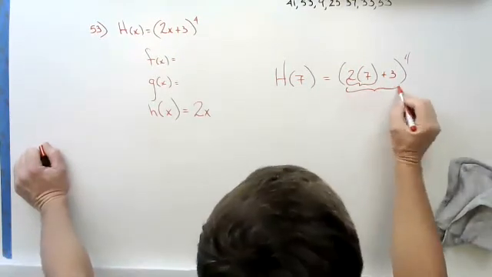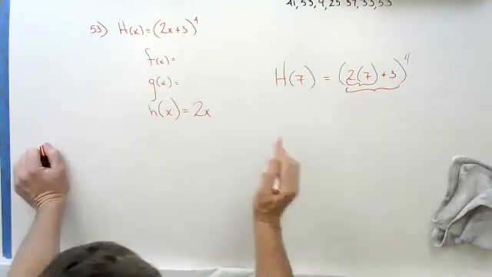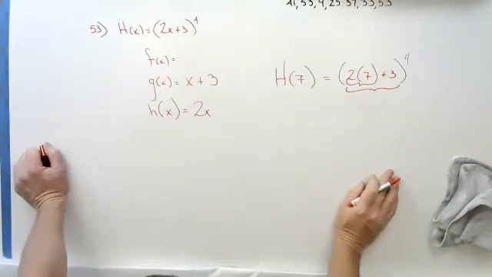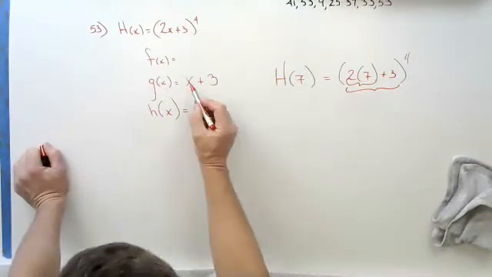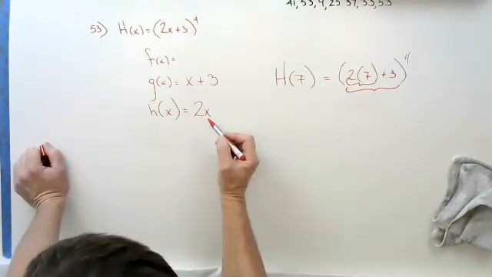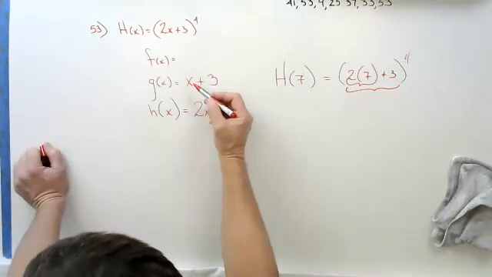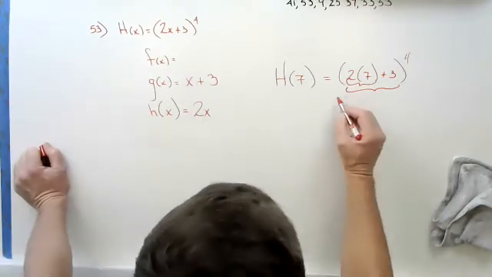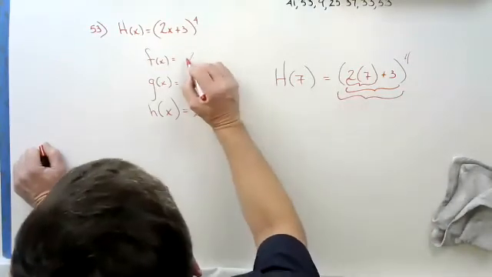The second step is to add 3. Okay, take your answer. Add 3. Don't put a 2x there. We already did the times 2. You did the times 2 down here. Don't put a 2 up there. Now you're multiplying by 2 again. And then the last thing we did was raise it to the 4th power.